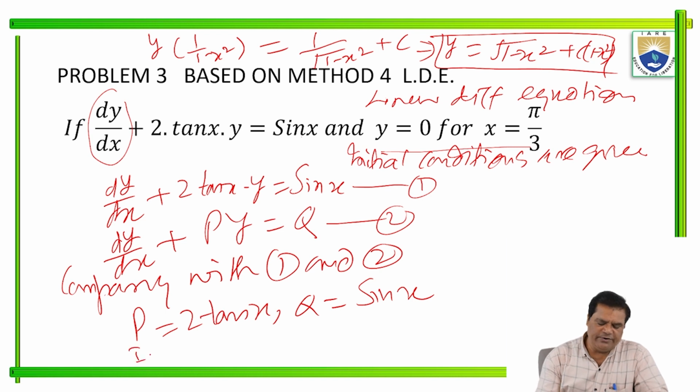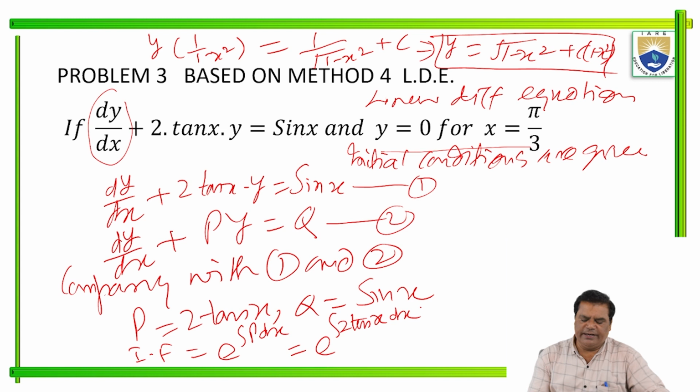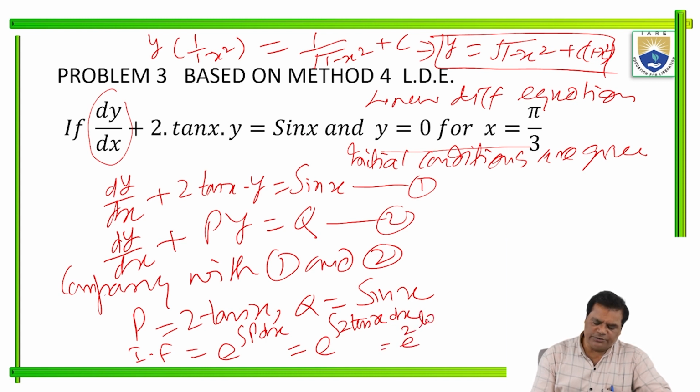Now we find the integrating factor. This is e to the power integral p dx. e to the power integral of 2 tan x dx. The integration of tan x is log sec x, so we get e to the power 2 log sec x.